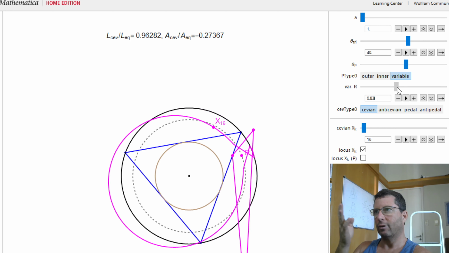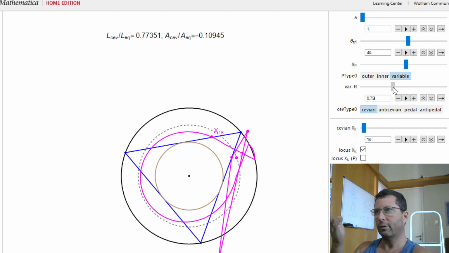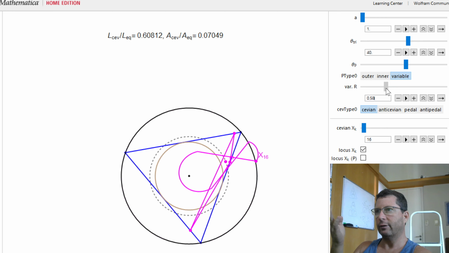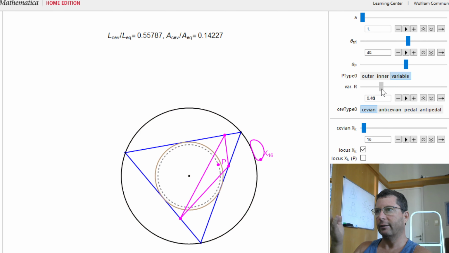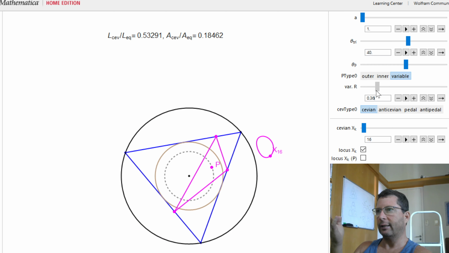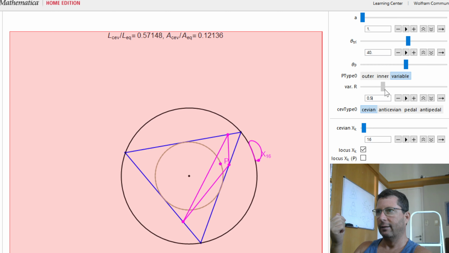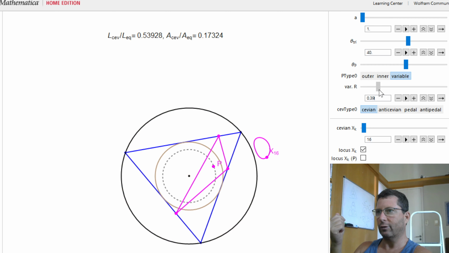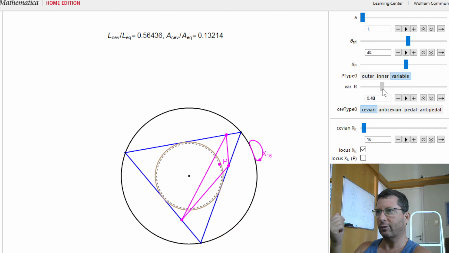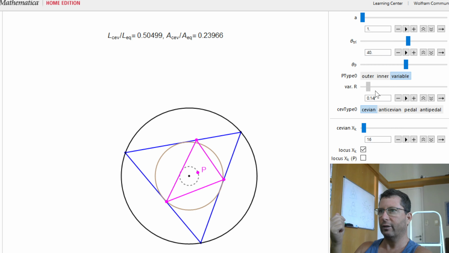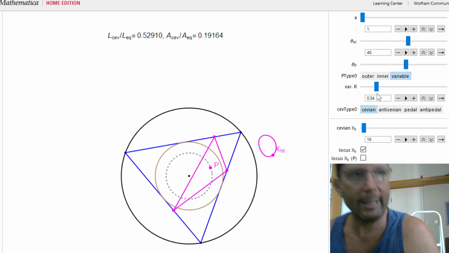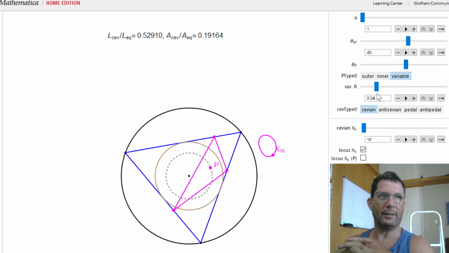Okay, it's now no longer anything recognizable. And then when I enter the interior, X16 is this weird kidney-shaped thing that is glued to the circumcircle when P is on the incircle, but then it sort of detaches and goes off to wherever it goes. Not that interesting.